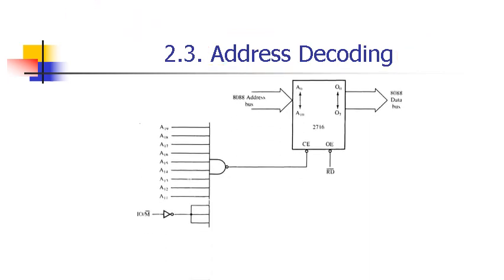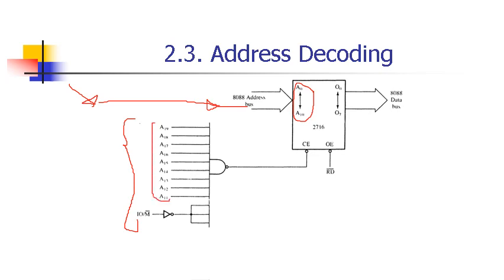Here you are. Okay, so we have our microprocessor giving us 20 bits, 11 of which are provided to your memory device, A0 through A10. And the rest of your address is decoded by an AND gate as such. A11 to A19 are all made high.